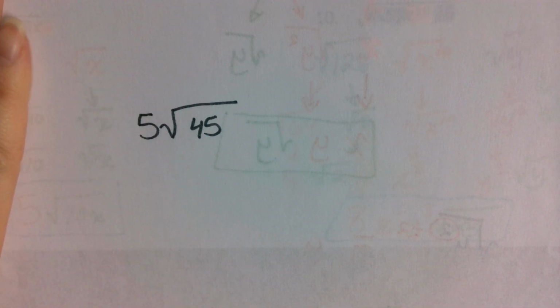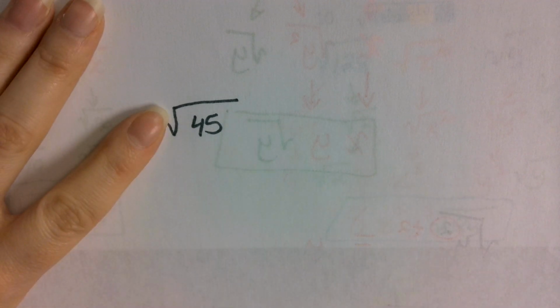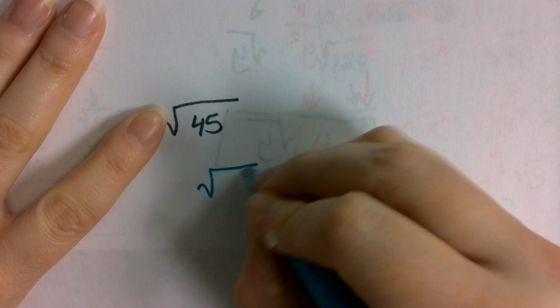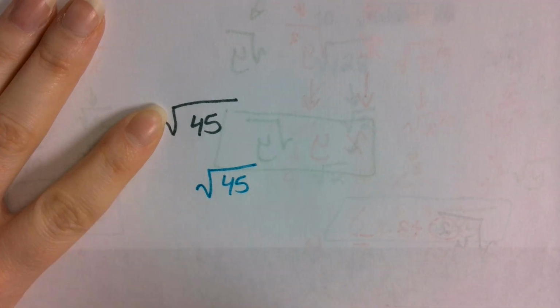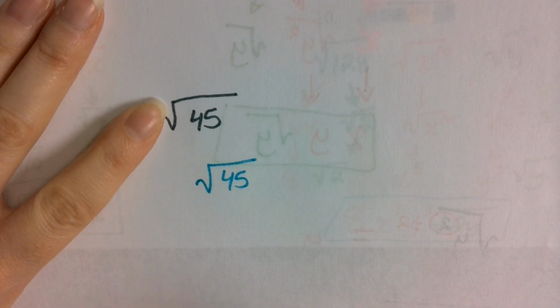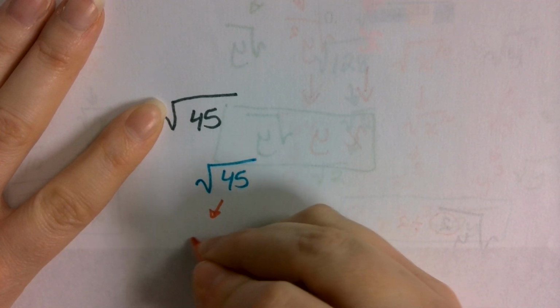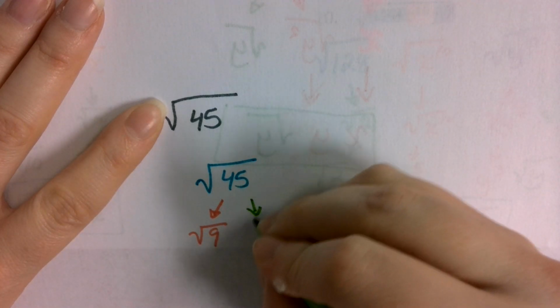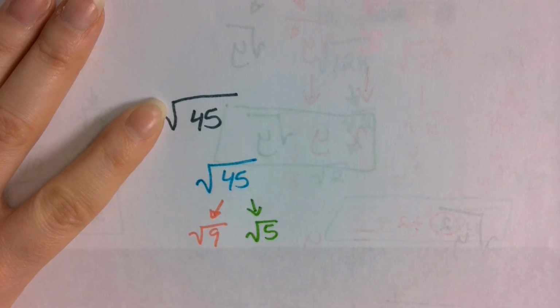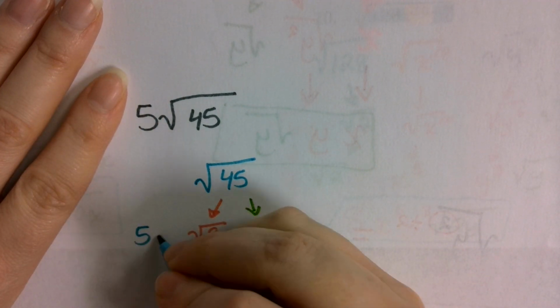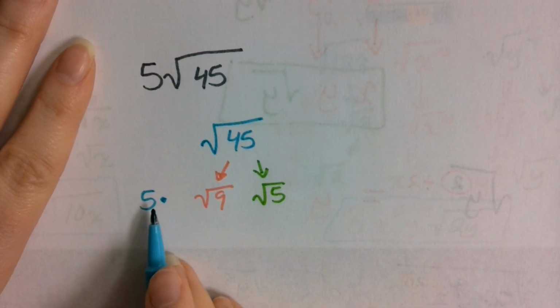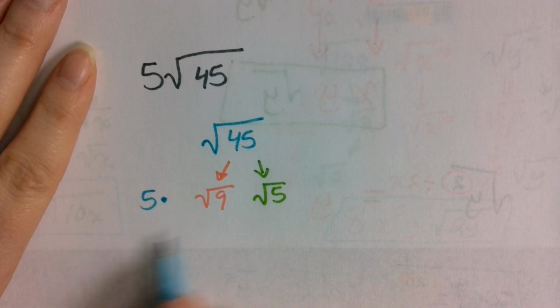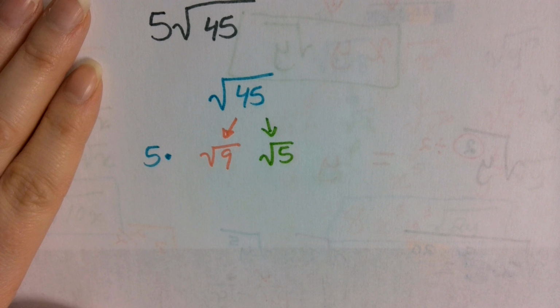That means that we're going to break the 45 up, square root of 45. We're going to split that up like normal. Square root of 45, we can break it down into square root of 9 and square root of 5. But then you've got this 5 that's in the front. So this 5 is going to get multiplied to whatever coefficient we come up with that's going to be in the front.